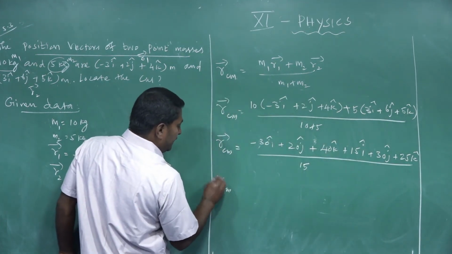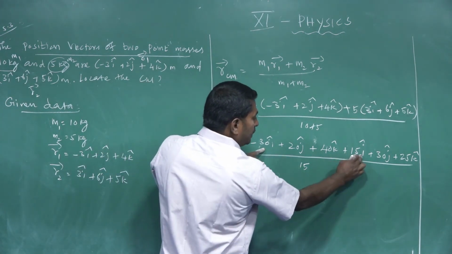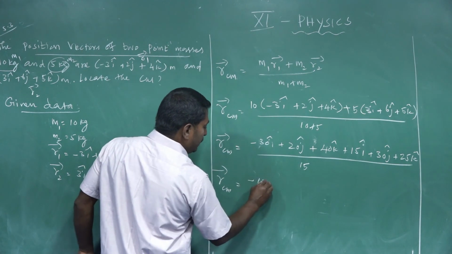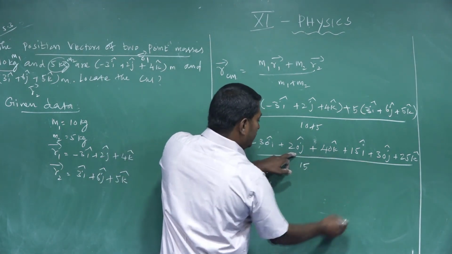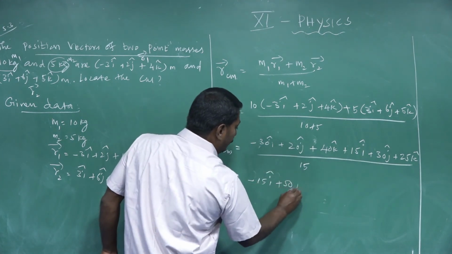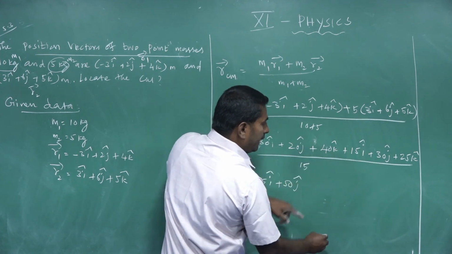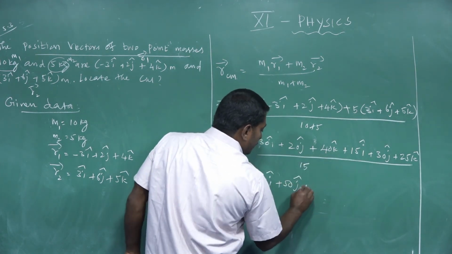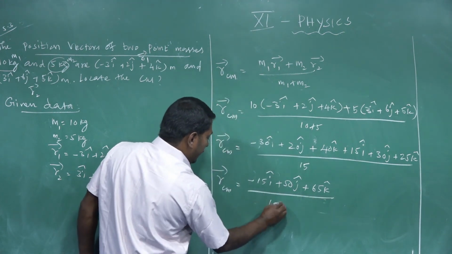So minus 30 i cap plus 15 i cap, so minus 15 i cap, 20 j cap plus 30 j cap, so 50 j cap, then 40 k cap plus 25 k cap, so 65 k cap divided by 15.